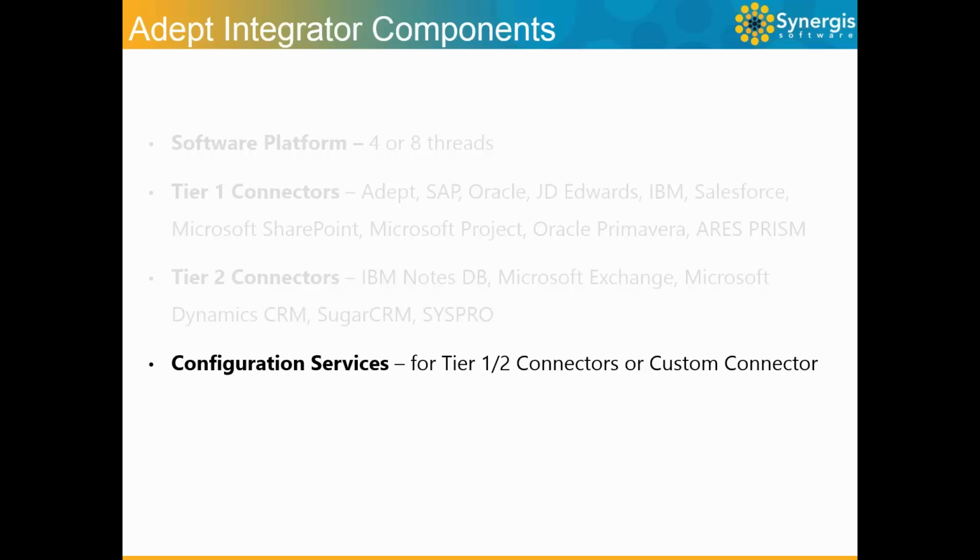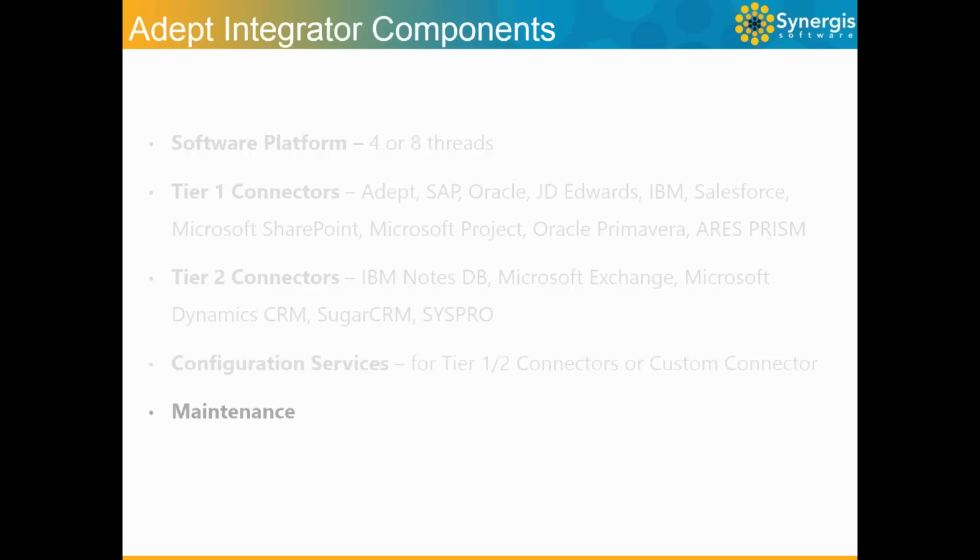But in any situation, there are configuration services. Whether it's a Tier 1 connector, Tier 2, or a custom connector, we're going to do configuration around your requirements. And then there's maintenance on the software, and there is Adept Integrator Studio. Studio is optional.